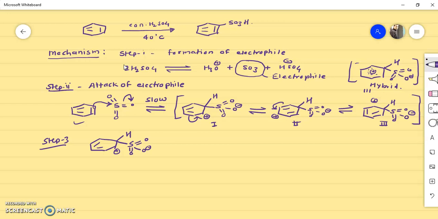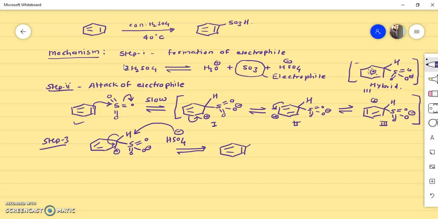Now in the surrounding there is a conjugate base of sulfuric acid, that is HSO4 minus, in the surrounding, you know. So this conjugate base will abstract this proton and this bond will shift here to form this product. Now the aromaticity of the benzene is regained due to this step.